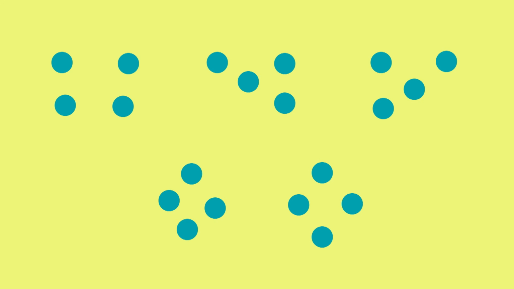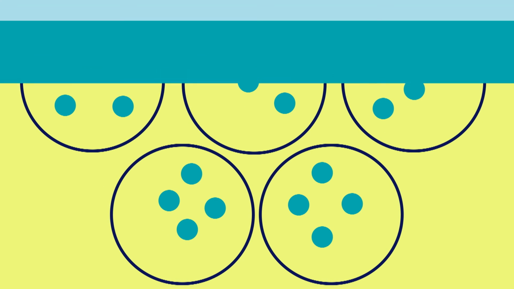So 1, 2, 3, 4, 5, 6, 7, 8, 9, 10, 11, 12, 13, 14, 15, 16, 17, 18, 19, 20. How many groups of 4 or elephants do we have? Exactly 5. Did anyone else solve it a different way?